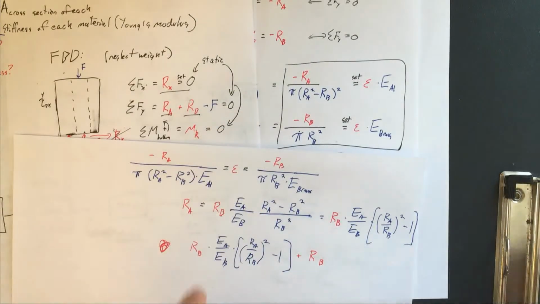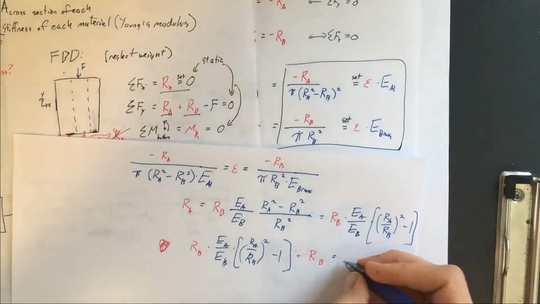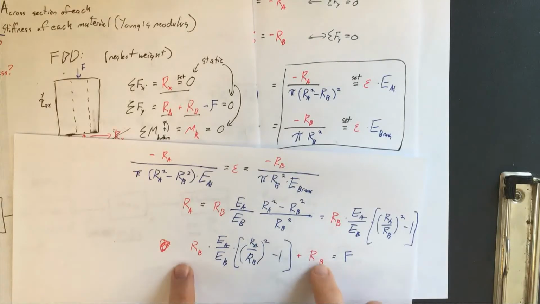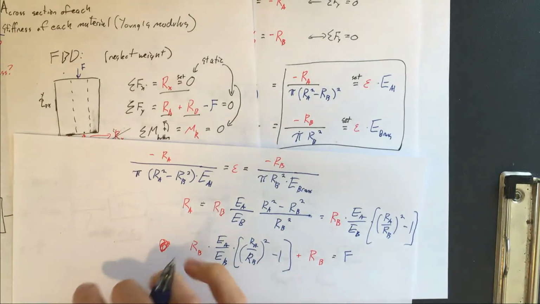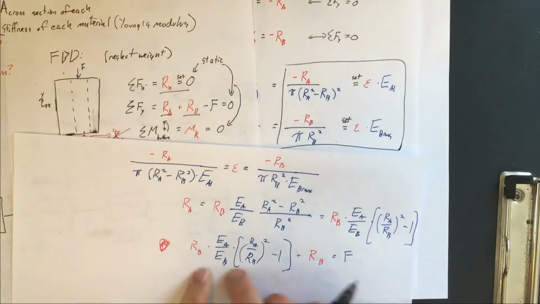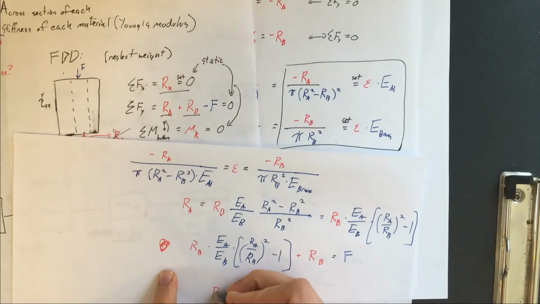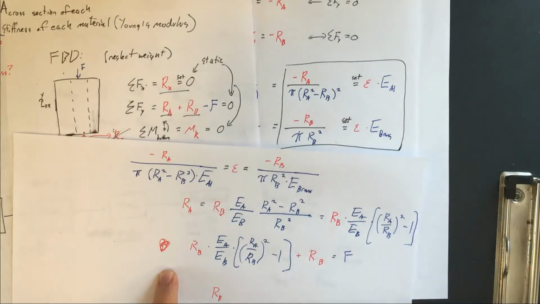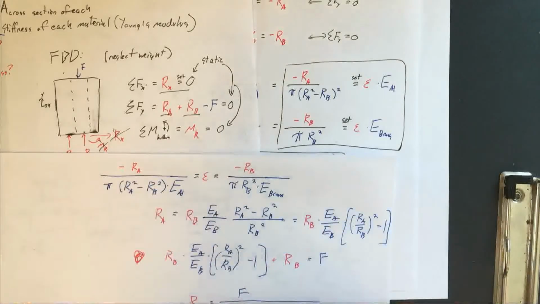And let's bring the minus F over to the side, so that's equal to F. So you can imagine, what do I have here? Well, I could factor out this RB, divide both sides by that whole big slew of constants over there, and then I could get RB in terms of knowns. So I have RB, and that would be equal to F divided by, if I factor out an RB from this, this thing plus 1.